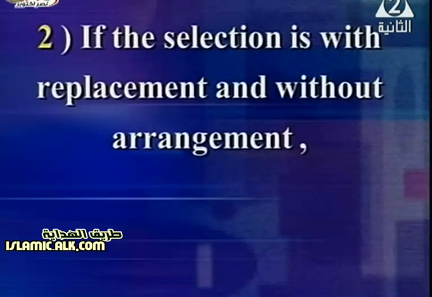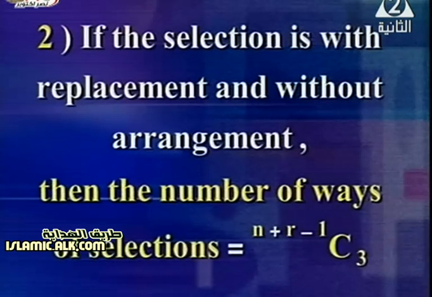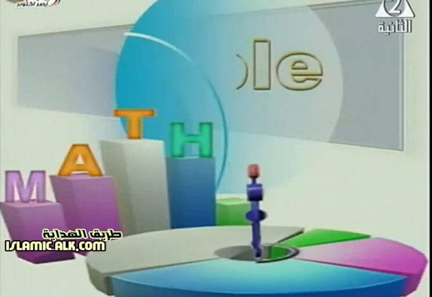Number 2, if the selection is with replacement and without arrangement, what is the number of ways of selection? It is n plus r minus 1 C r. Look at an example.